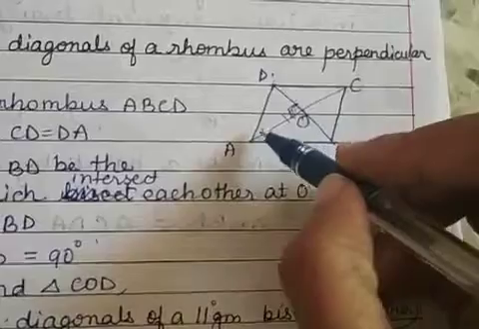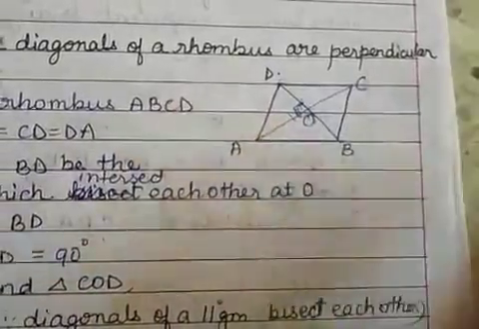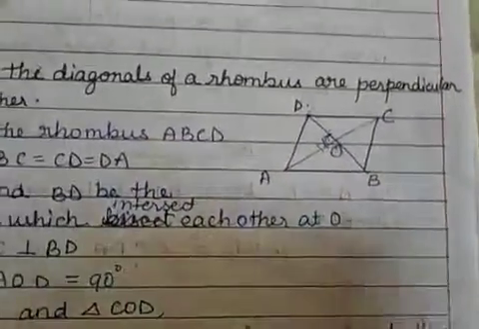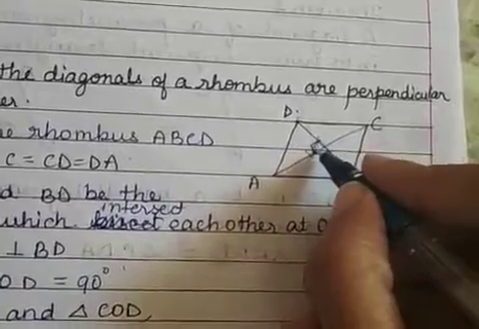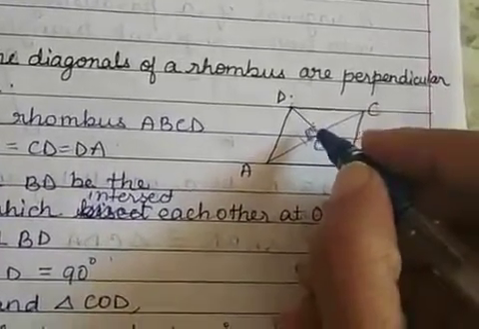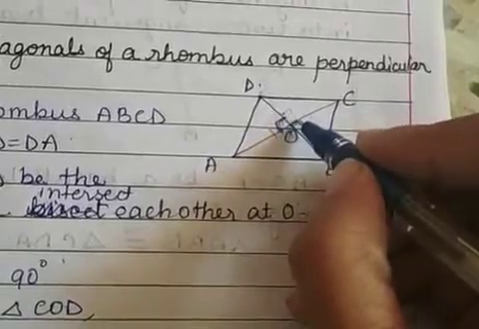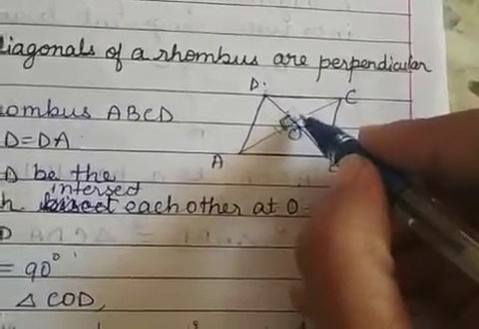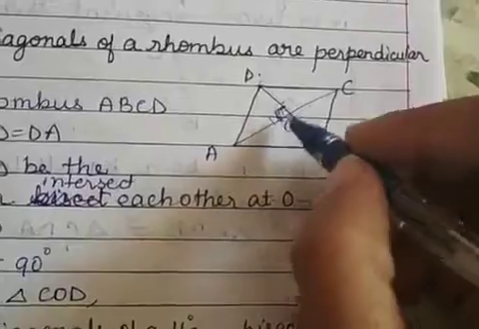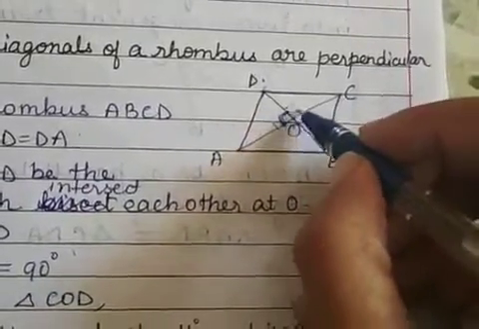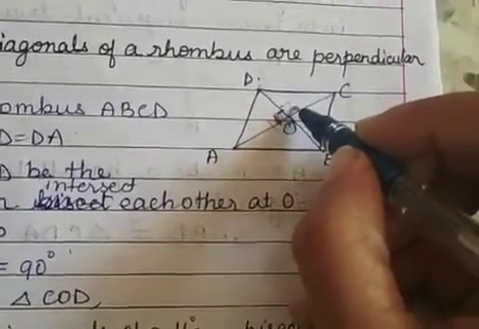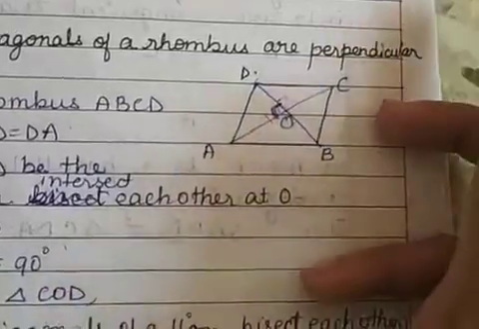We will show that angle AOD is 90 degrees. Now how can we show that? If you look at the figure here, this angle plus this angle is 180 degrees. They form a linear pair, right? So if both these angles are equal, then each one will be 90 degrees, correct?